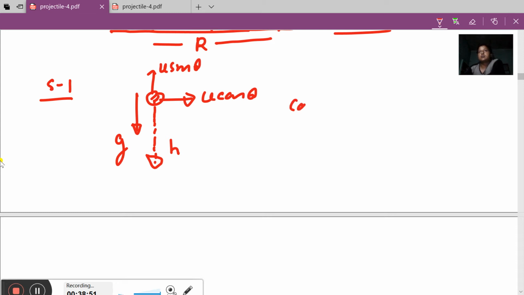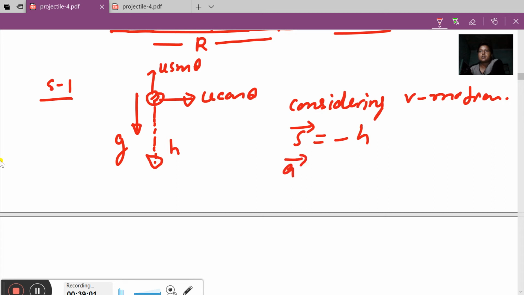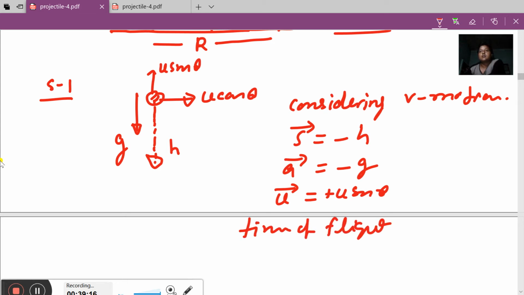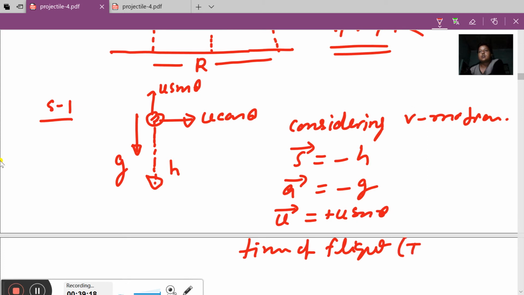Considering vertical motion, displacement is minus h, acceleration is minus g, initial speed is u sin theta positive, and time of flight is t, let.